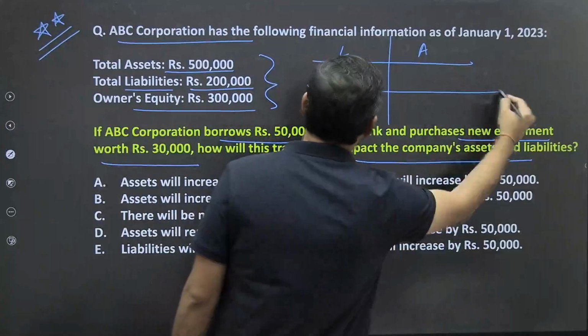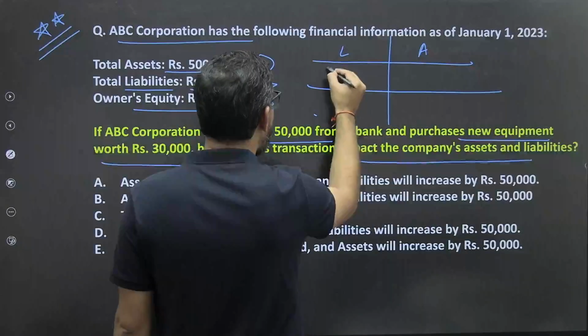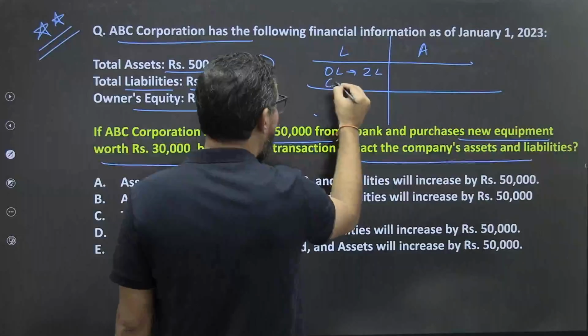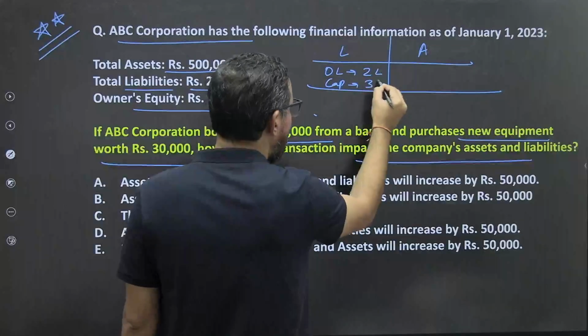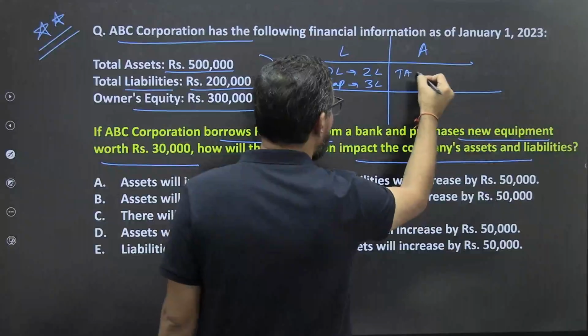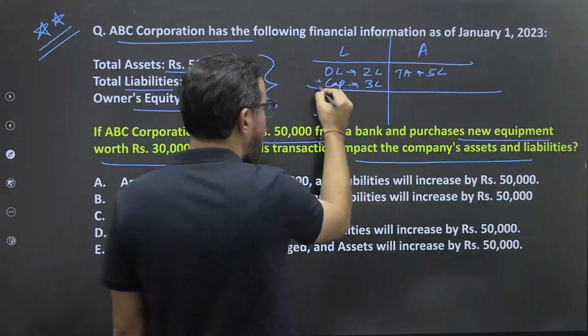Outside liabilities are 2 lakhs, and capital contributed by owners is 3 lakh, and on the asset side, they have total assets worth rupees 5 lakh. So asset equals liabilities plus owner's equity, right? So this is the one.